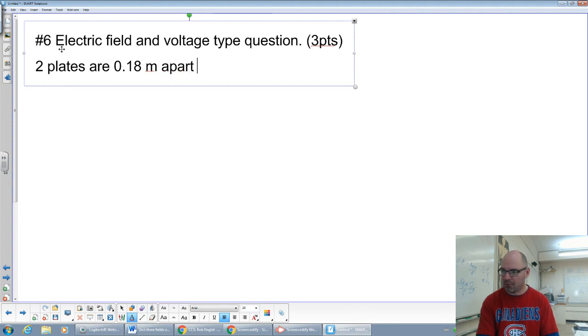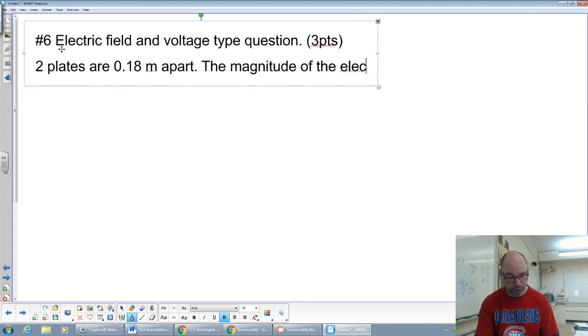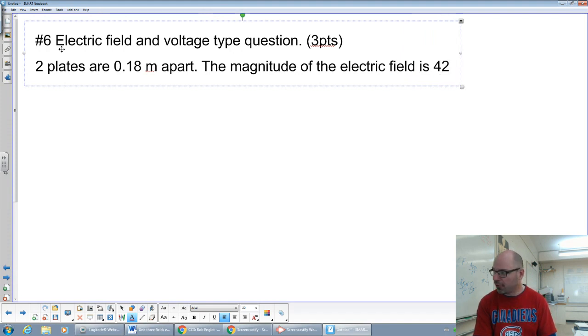The magnitude of the force, well, let's say electric field, because it's an electric field question, not a force question, is 4,200 newtons per coulomb.